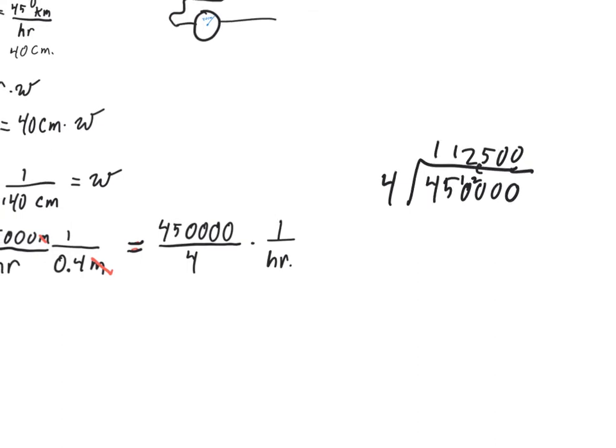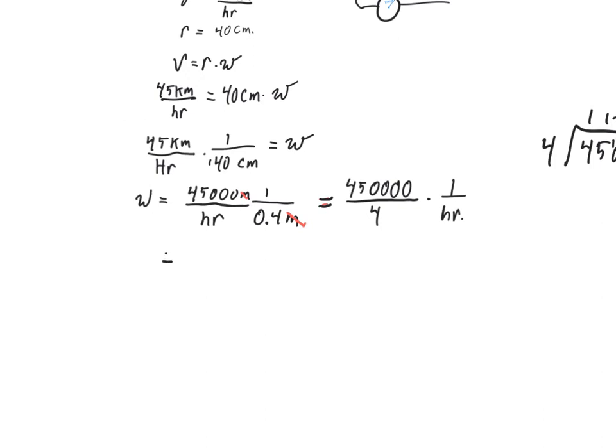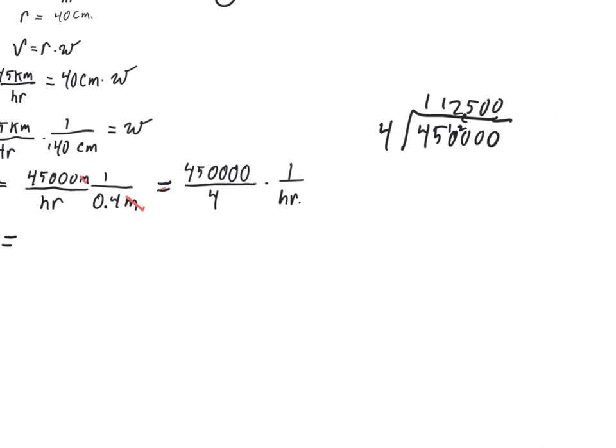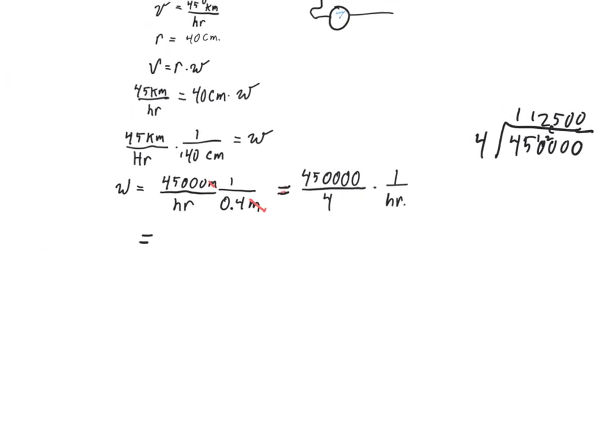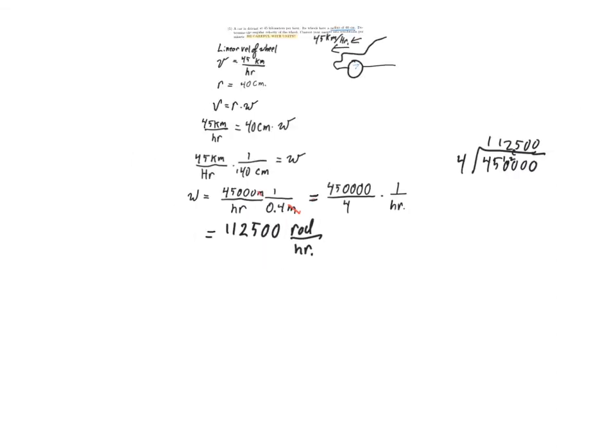So that will give me 112500. And this is right now in radians per hour. That's not the unit that I wanted.